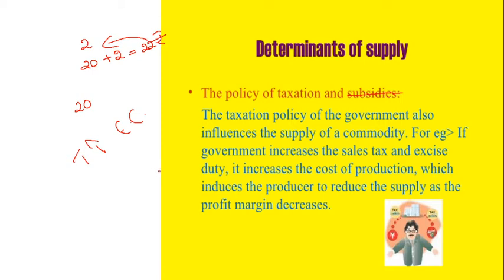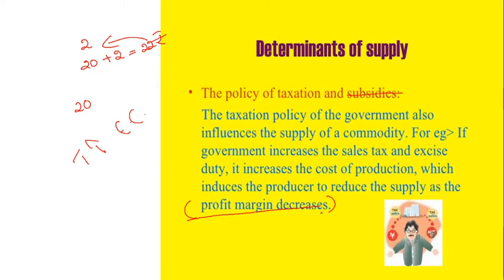So this is going to be a burden for the producers, and it increases the cost of production also, which induces the producer to reduce the supply as the profit margin decreases. So their profit margin is now going to reduce.